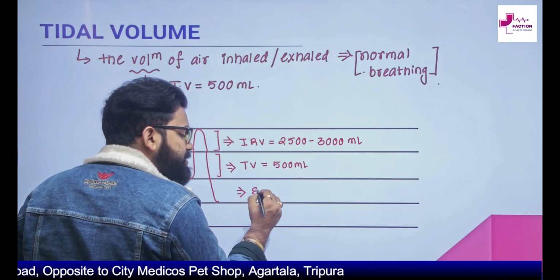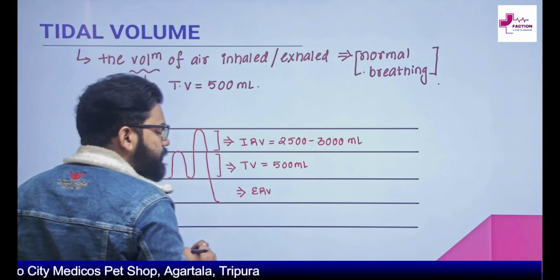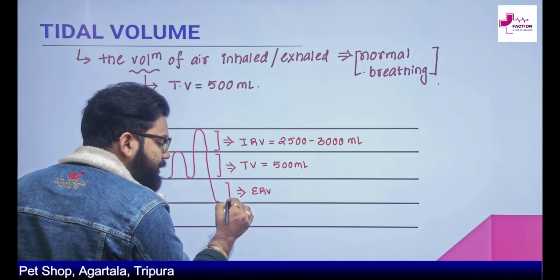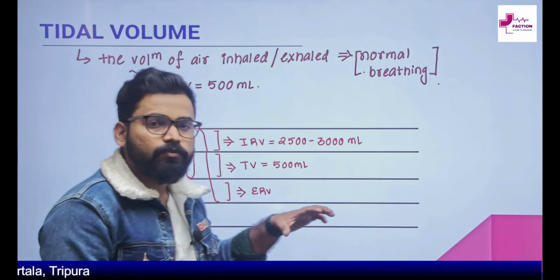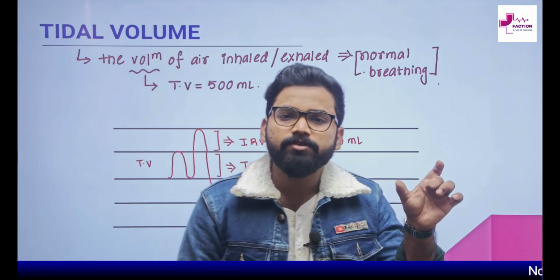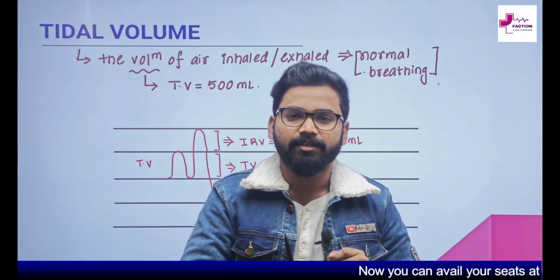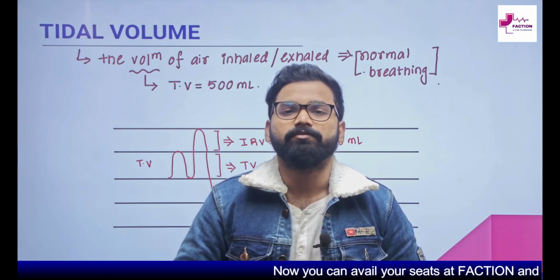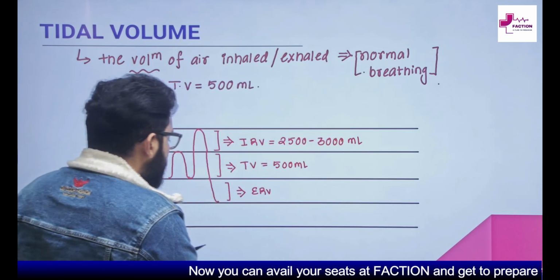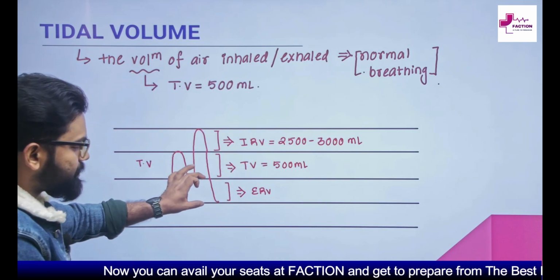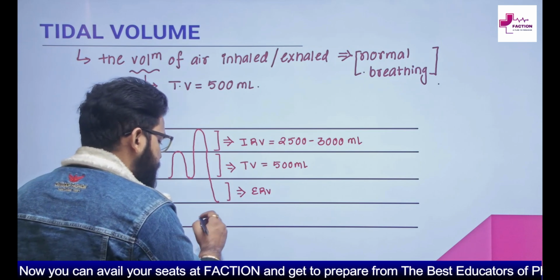This is called expiratory reserve volume. That is the volume of air that can be exhaled by forceful exhalation. Now, reminding you something, when we say forceful inhalation or forceful exhalation, our abdominal muscles are also involved.